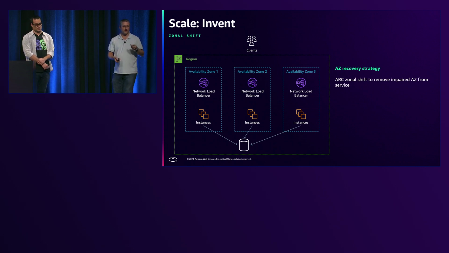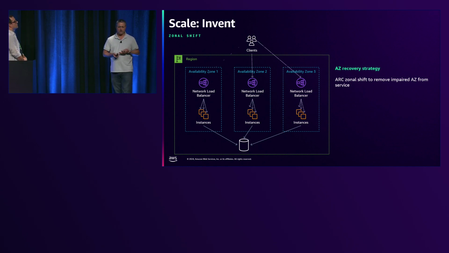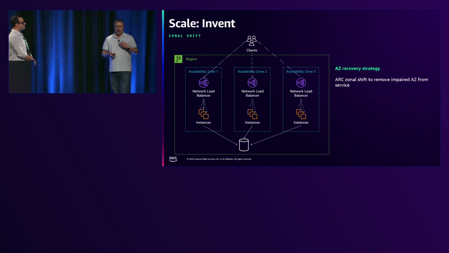Quick, in case you haven't seen it before, zonal shift is this tool. I'm just showing a picture here of a very simple load balancer NLB setup where we have traffic going to 3 zones, maybe there's a database behind, and let's suppose some issue happens in AZ3.